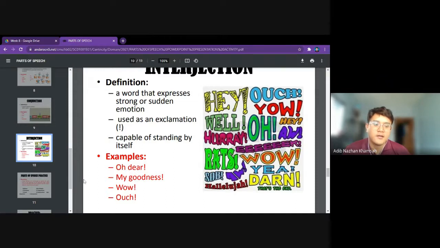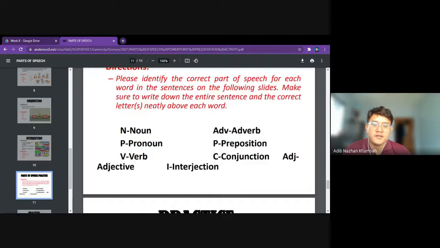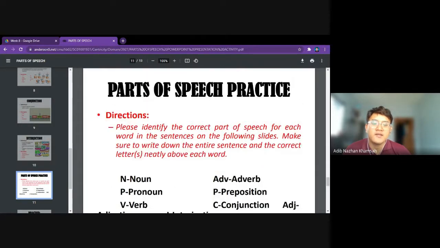Alright. So, part of speech practice. Okay, direction. Please identify. Okay, let's do this. Try to do this. I will share this slide with you in future. Please identify the correct part of speech for each word in the sentences on the following slides.